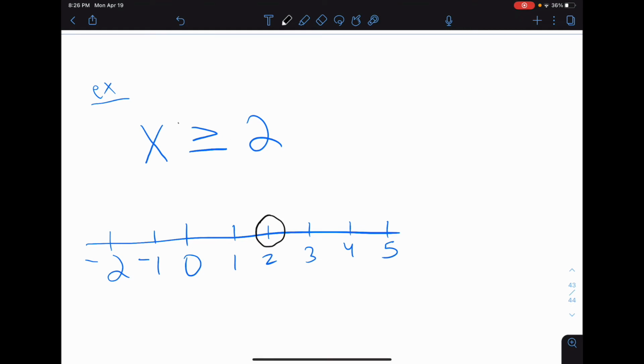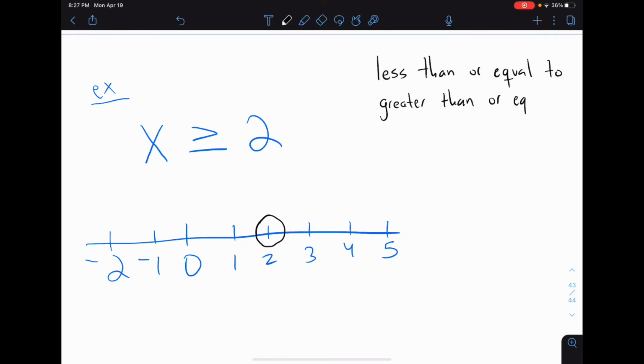But now I have less than or equal to, and then greater than or equal to. And for this, my circle is shaded. It is closed. Se dice closed. Para este, mi círculo está colorado, está cerrado.